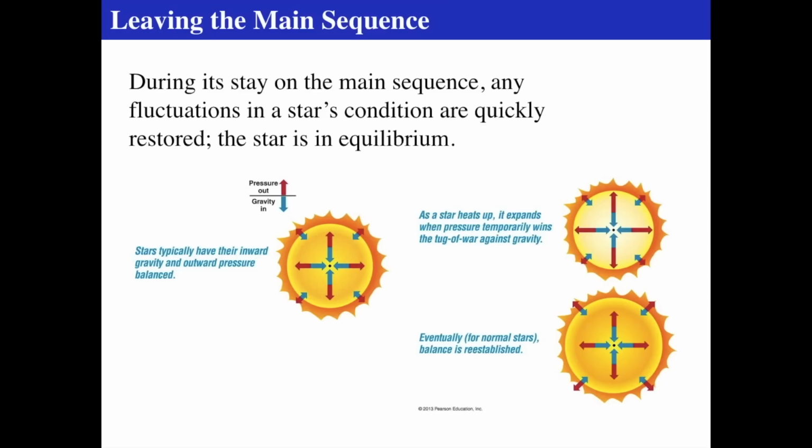Once it's expanded, it'll cool down in the core, and when it cools off in the core, it'll start contracting again. Once it contracts too much, it'll heat up too much and expand again, just like a normal gas. This is a balance in equilibrium: a thermal balance, a hydrostatic equilibrium and a thermal equilibrium.